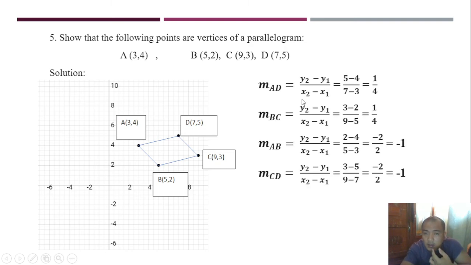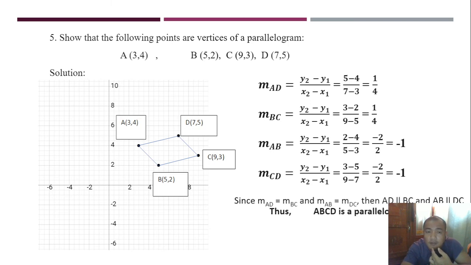As you can see, AD has slope of 1/4, while BC has slope of 1/4. Equal slopes, so they are parallel. AB has slope of negative 1, while CD has slope of negative 1. So AB and CD are parallel. Therefore, it consists of two pairs of parallel sides. Therefore, ABCD is a parallelogram.